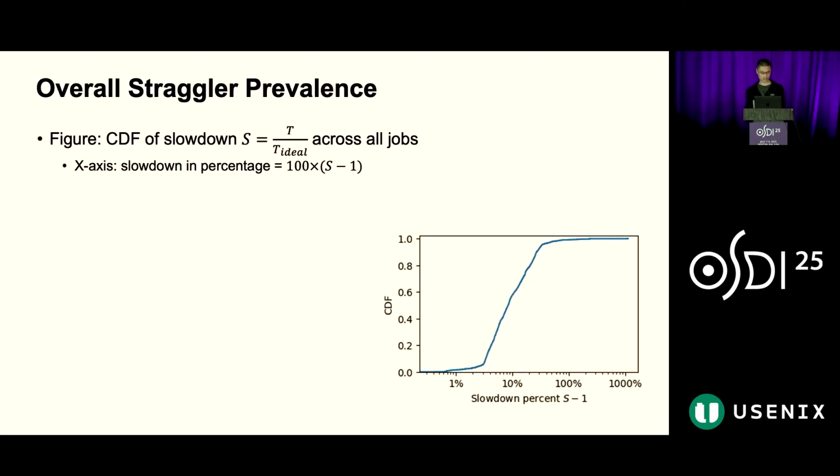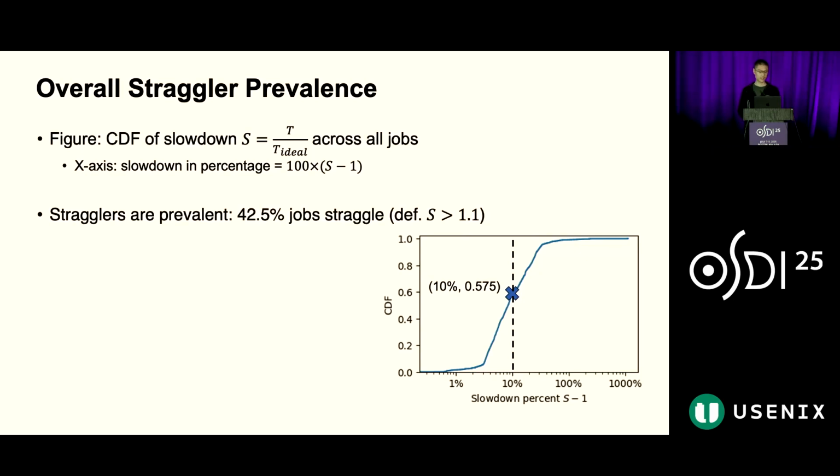Let's look at the prevalence first. We plot the slowdown of all the jobs in this CDF graph, where slowdown is shown on the x-axis, represented in percentage and in log scale. If we define jobs with slowdown larger than 10% as straggling, we see about 42.5% of jobs straggle, which means stragglers are quite prevalent in our cluster.